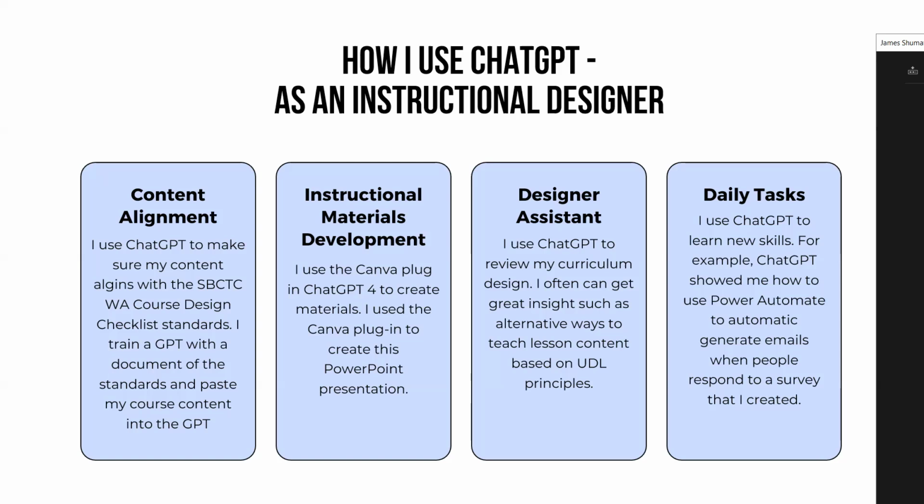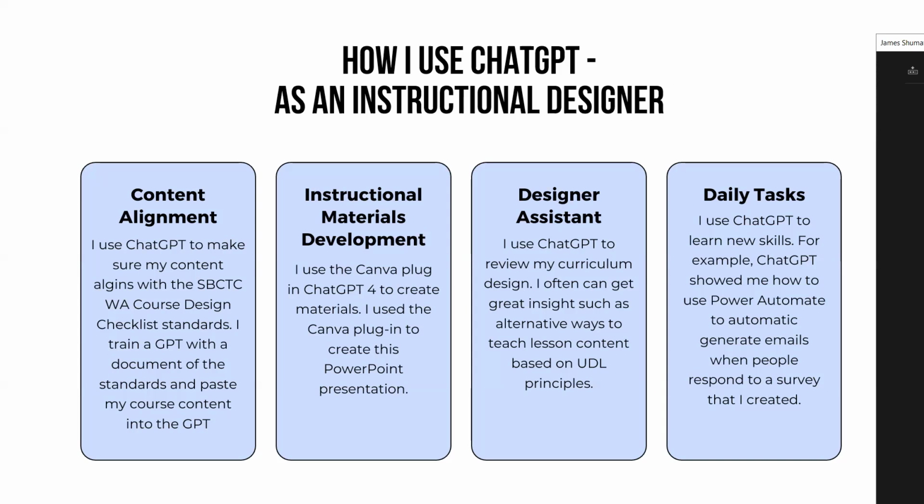Another thing I have used ChatGPT for recently is to learn how to automate a lot of my workflow. For example, there is a program in Microsoft called Power Automate, and it can do things like generate emails or send emails after someone responds to a survey.